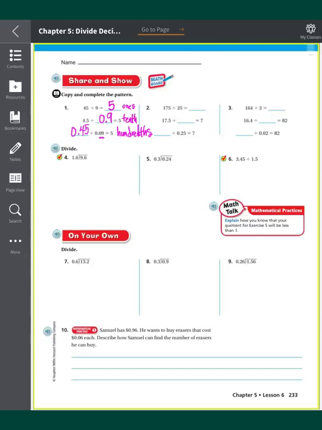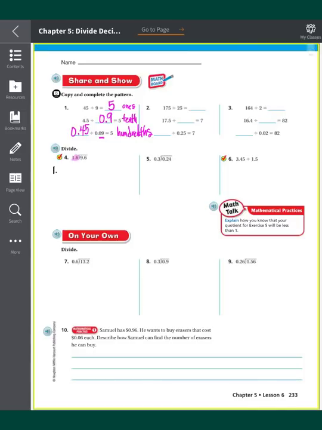Okay. So now you're going to use that same rule that I taught you before. Remember, this number has to be a whole number. So if I have 1.6, so that's 1 6/10, how am I going to make that a whole number? I'm going to multiply it by 10.